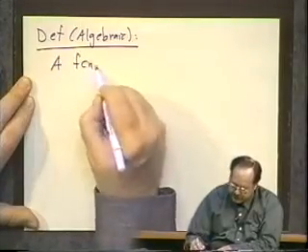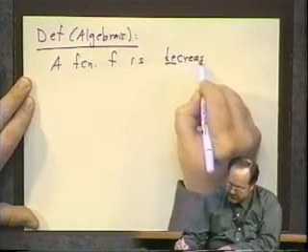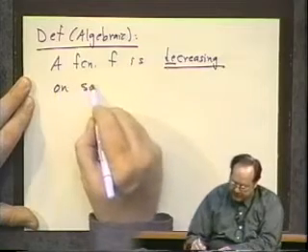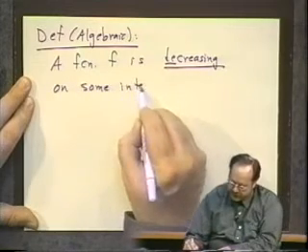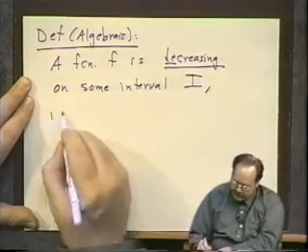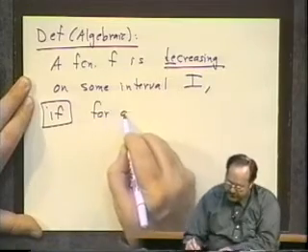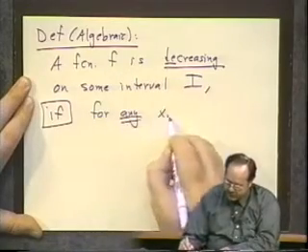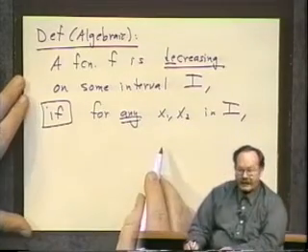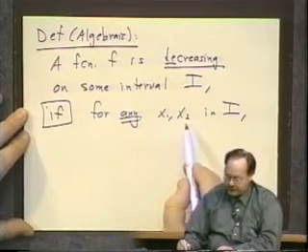A function f is decreasing, now it's decreasing instead of increasing, on some generic interval, we'll just call it I, as we did before, if, again, here's the big condition, for any x1, x2 in I, that's exactly the same condition as before because we're moving from left to right from position x1 to position x2.